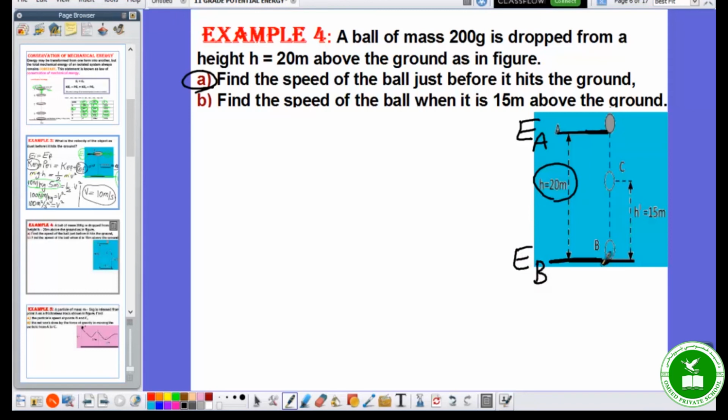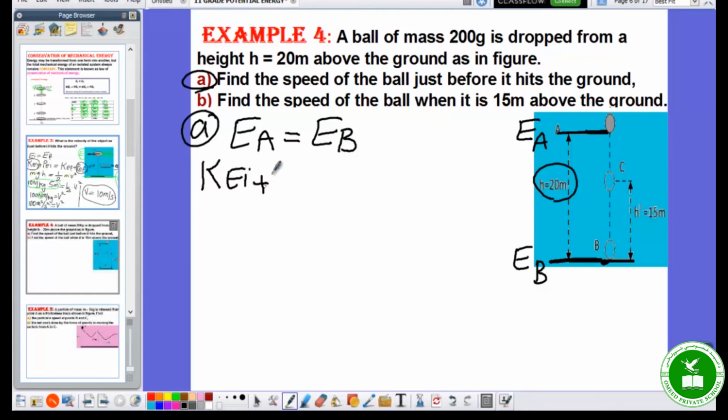These two energies should be equal according to conservation of mechanical energy. Energy at point A is equal to energy at point B. At point A, we have two different energies, right? Kinetic energy and potential energy.